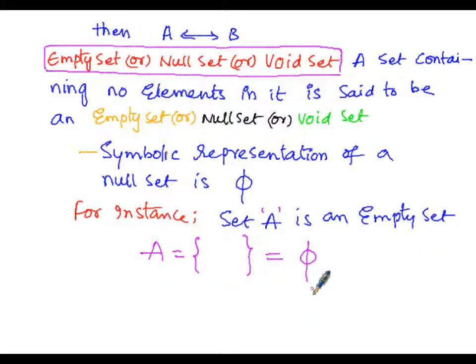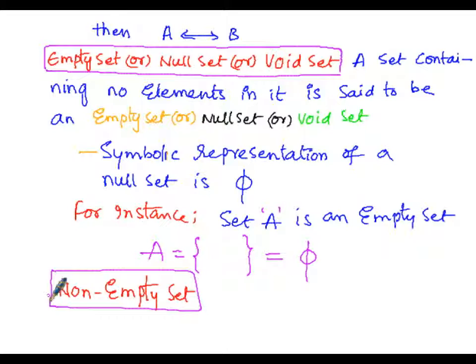Then let's go to the next definition, that is the non-empty set. A non-empty set means a set consisting of at least one element in it will be called a non-empty set.